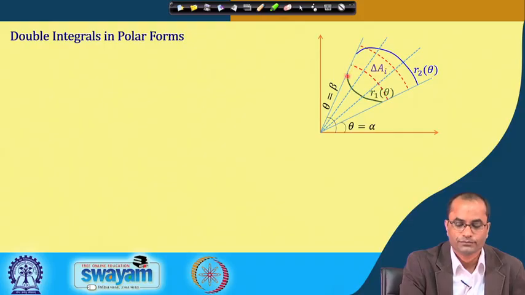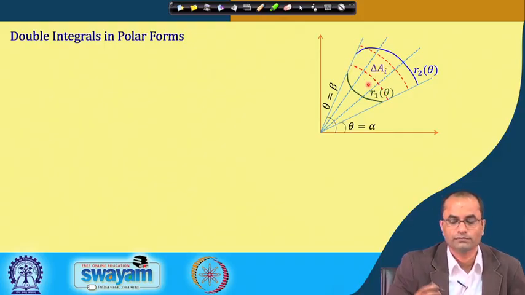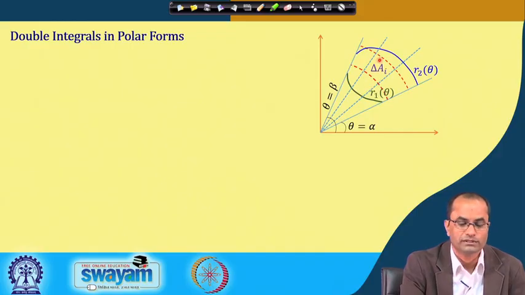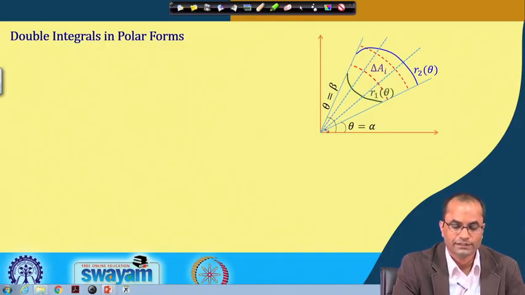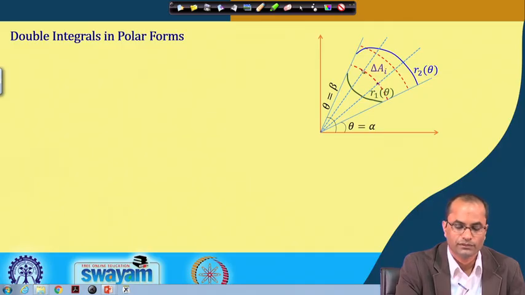Suppose we discretize this domain, similar to the Cartesian one, into smaller cells, and let us consider for instance this cell which we call delta A I. For this cell the radius from the origin to any point on this line is r I, and then we take an increment in r I by delta r I to reach the other radius.